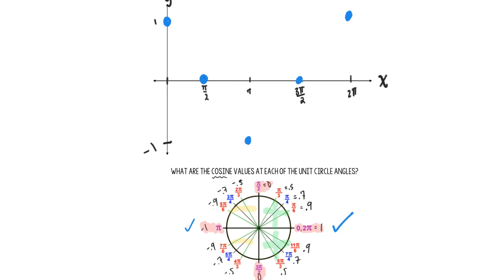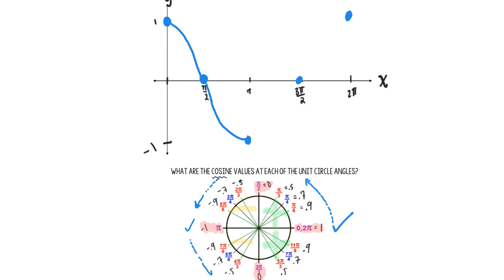Now, in between there, as you leave the cosine of 0 and go up to pi over 2, you'll notice that it's 0.9, 0.7, 0.5. It gets smaller and smaller, closer to 0. Then, in the second quadrant, it goes negative. It goes -0.5, -0.7, -0.9, all the way until it gets to -1.